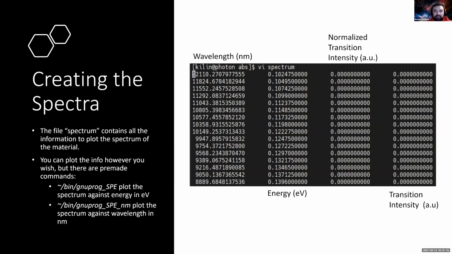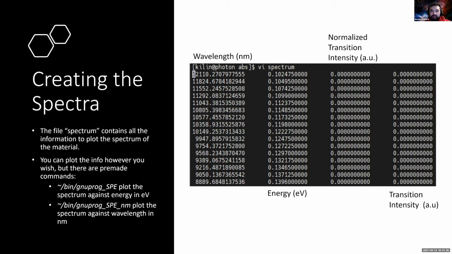There are some pre-made commands that we can use to speed up the process a little bit, which we'll talk about. Before we get to that, I want to just mention the spectrum file, which you see on the right, contains 4 columns. It's going to contain the wavelength of the transition in nanometers and the energy of the transition. Those two are interchangeable.